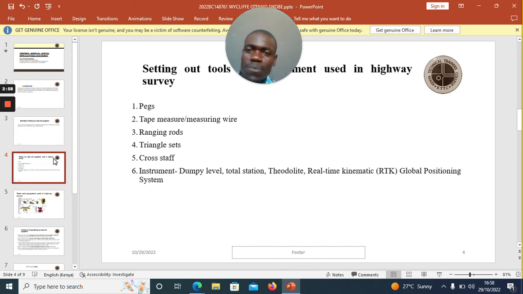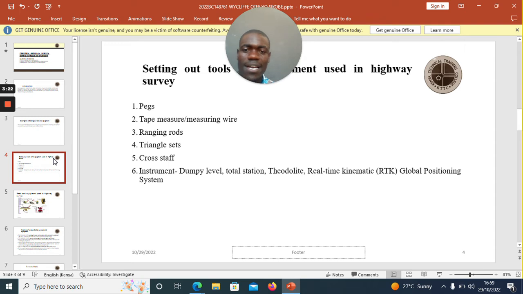So I'm going to display some of the tools that are used in highway survey. We have the pegs, the tape measure, the measuring wire, the ranging rods, triangles, the cross staff, and the instruments. There are different types of instruments that we use when setting out.